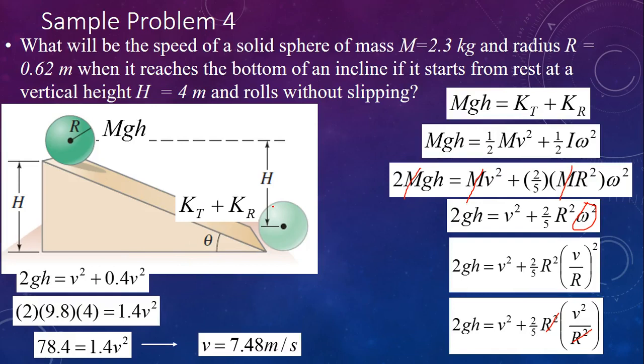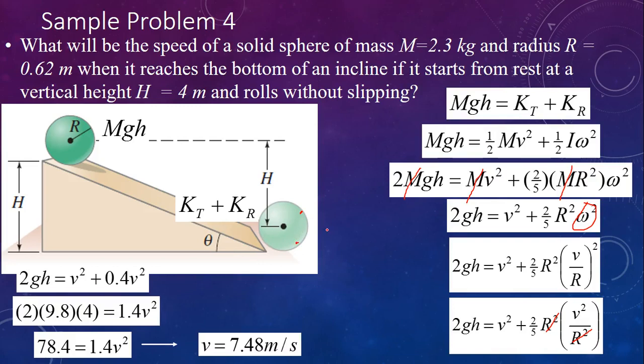So I just want to talk about this a little bit more. When the sphere rolls down, any particle on the sphere will have a linear speed equal to its angular speed times the distance from the axis of rotation.